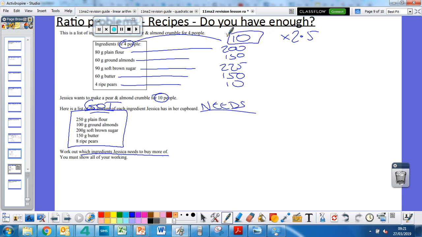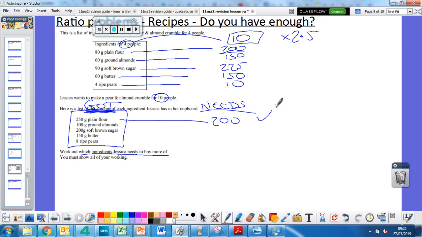Now remember, this is what she's got in her cupboard. We've now worked out what she needs. So she's got 250 grams of plain flour. She needs 200. Has she got enough? She has 250. She needs 200. She's fine.